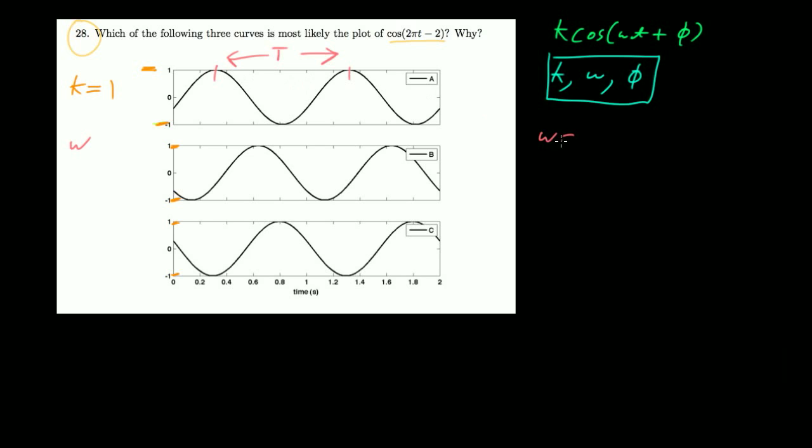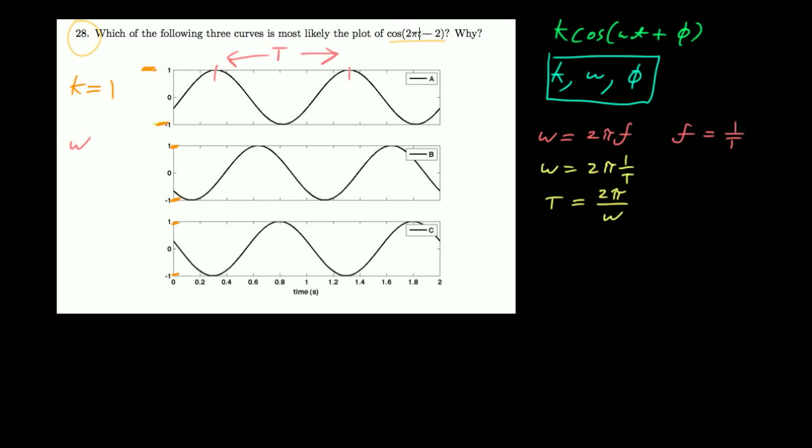So if we remember, omega is equal to 2 pi times f, and f is equal to 1 over T. We can say omega is equal to 2 pi times 1 over T, multiply both sides by T, so T is equal to 2 pi over omega.